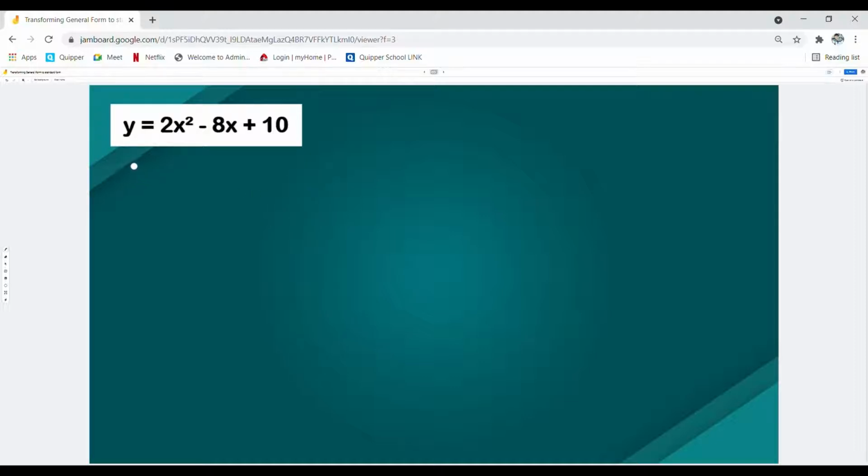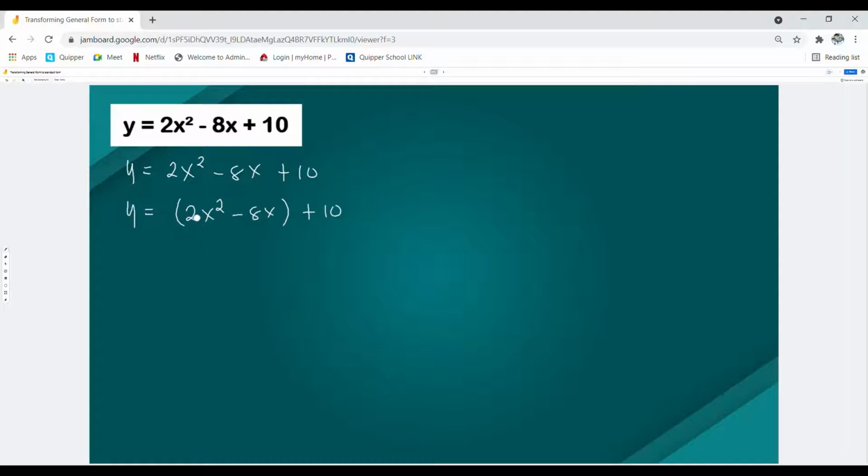Of course, you have to copy 2x squared minus 8x plus 10, and the first step is to group the terms with x. So y is equal to 2x squared minus 8x, group them together, plus 10. After that, you don't go to completing the square yet, because you need to make a equal to 1.